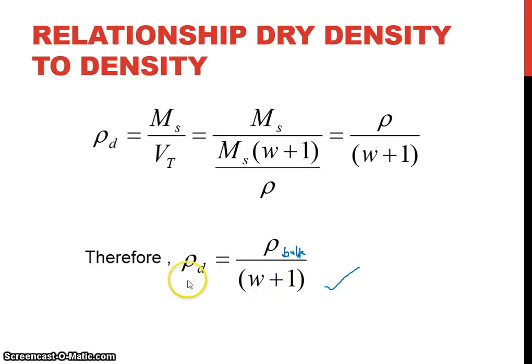So when we rearrange, we get rho d equal to rho divided by moisture content plus 1. And rho, remember, here is also known as rho bulk, the moist condition of soil.